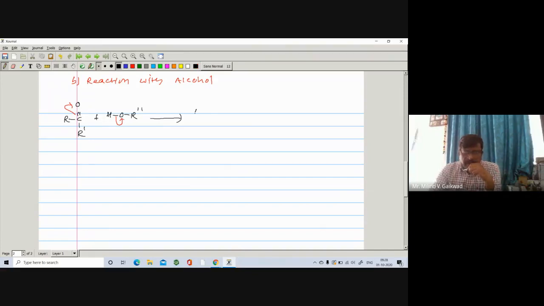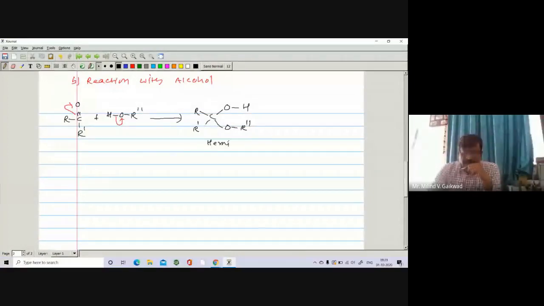So you can write this one R, C. Here is R', and here is your O, right? And this O reacts with H. Similarly, here is OR'', right? So this compound is called a hemiacetal.